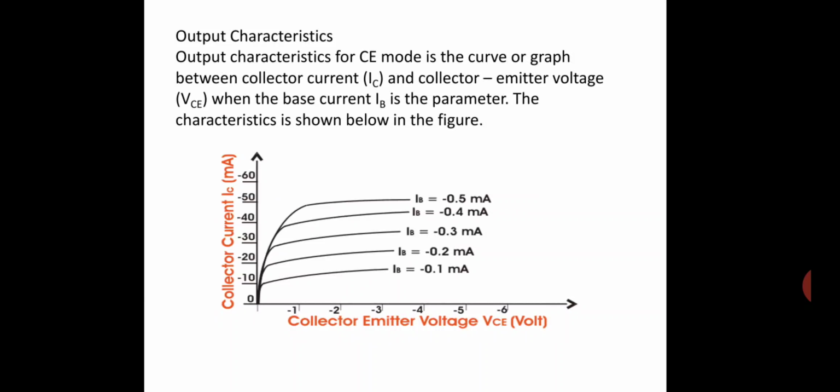And for IB of minus 0.2 milliampere, then as output voltage VCE increases, output current also increases.